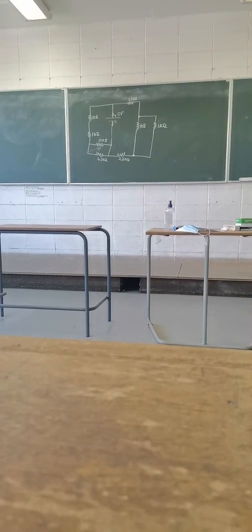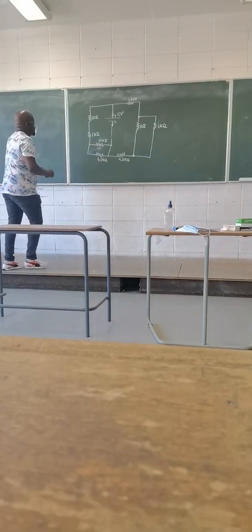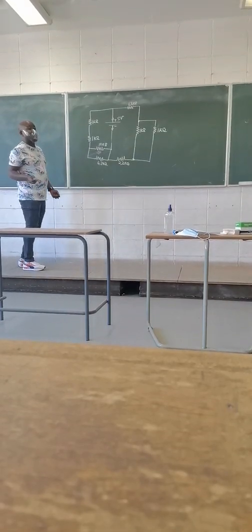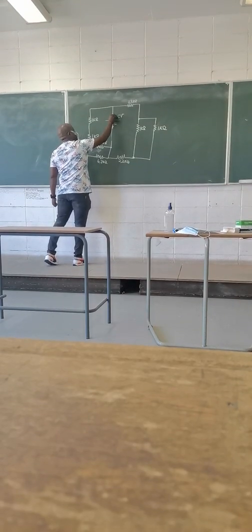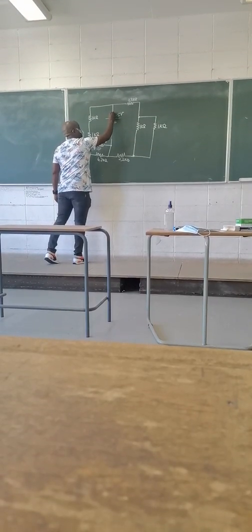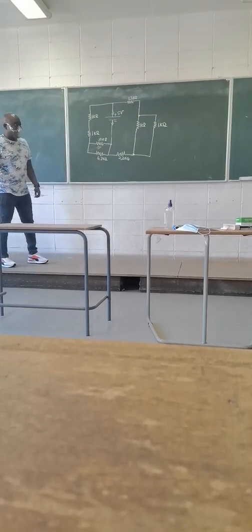If you are looking at the conventional current, it means your current is energized from the positive side of the source, so this color here will indicate the flow of your current.